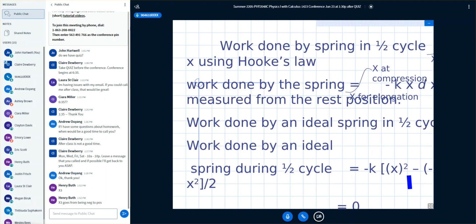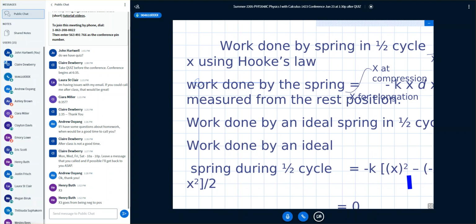Okay, here we go. And it says work done by spring in the first half cycle. And notice that that would be F dot dx, and the F should be inside the integral, incidentally. Work done by the spring is going to be, if its compression is trying to move it back to the origin, which is in the opposite direction, so the dot product yields a cosine of 180 degrees.